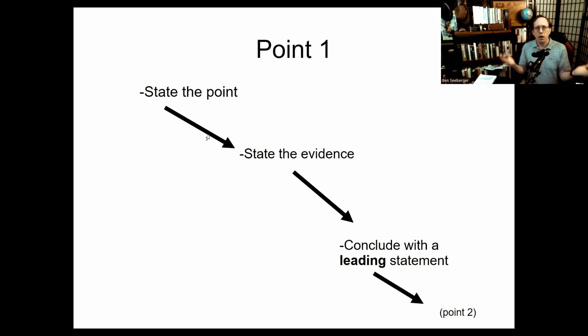But each point must buttress the thesis by presenting a different side of it. Each point gives you the opportunity to explore different facets, present different details, cite different evidence, and present a more three-dimensional understanding of your thesis.